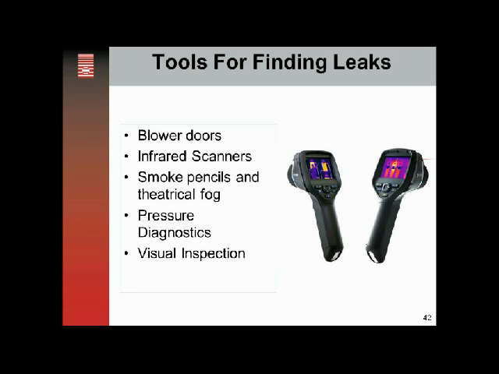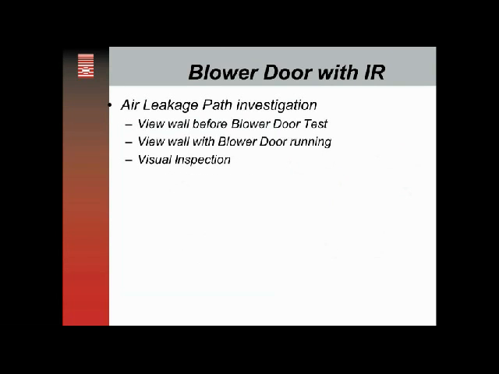Some time-tested tools for finding air leaks in buildings include blower doors with infrared scanners, blower doors with smoke pencils and theatrical foggers, a technique called pressure diagnostics, and visual inspections. Let's take each one. Blower door with infrared. You're going to find an air leakage path through an investigation.